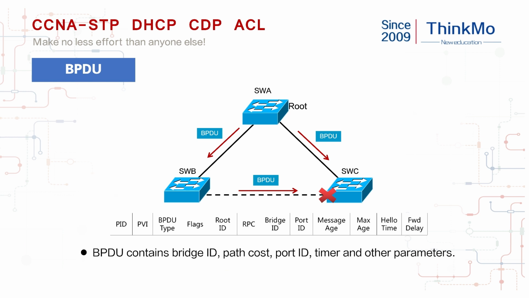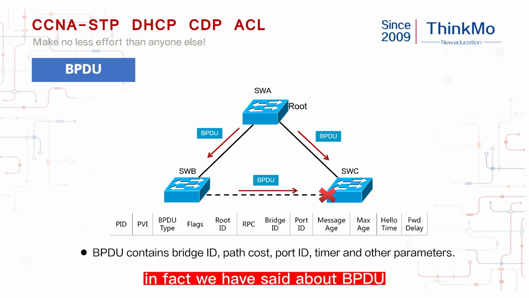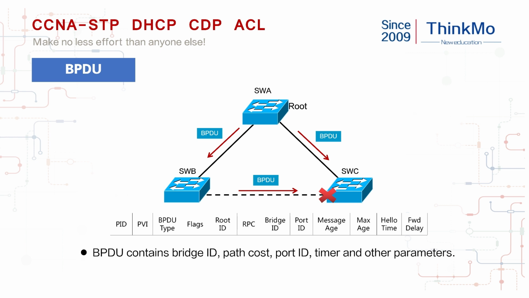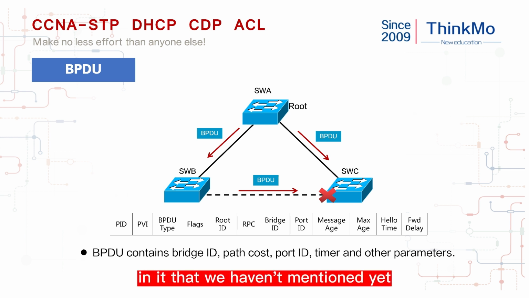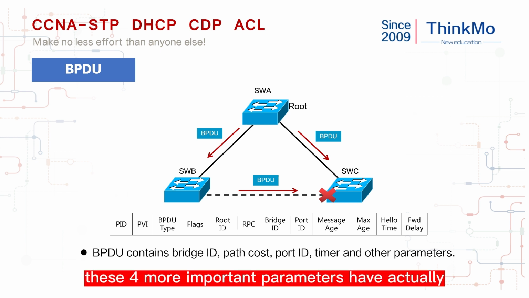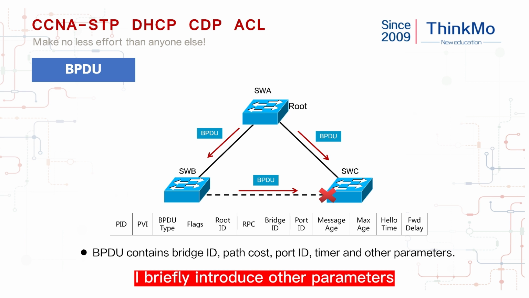Okay, let's go on. In fact, we have talked about BPDU. But there are a few parameters in it that we haven't mentioned yet. These 4 more important parameters have actually been mentioned by us. I'll briefly introduce the other parameters. PID is called Protocol ID. This is the ID number of the STP protocol.